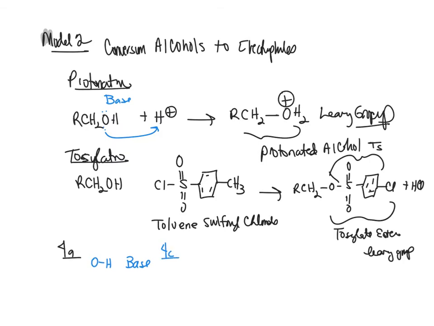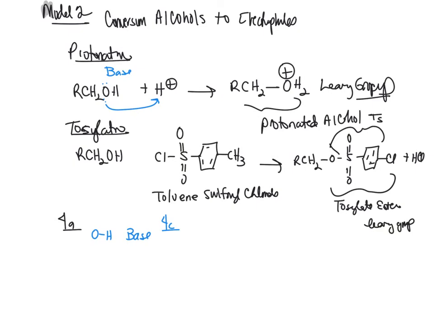Okay, what about 4C? For the alcohol and the protonated alcohol shown below, circle the leaving group. So here, they're showing you just something like this, and it says circle the leaving group.